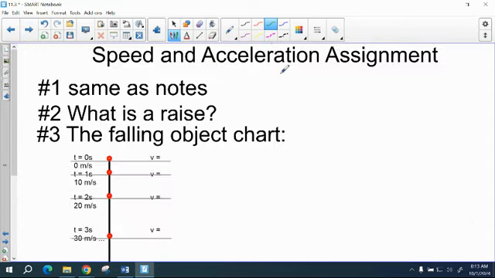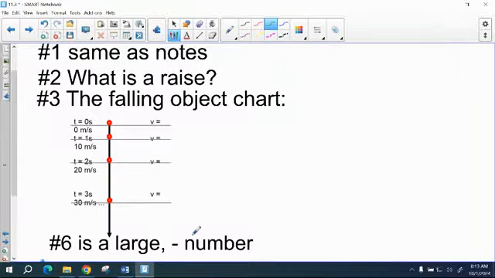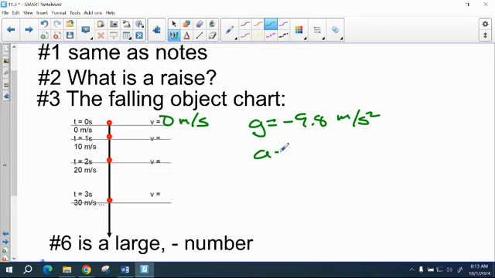All right, so if you were to guess, here we know what the acceleration is, and we're going to try to find the velocity. So the velocity here is 0 meters per second as soon as you let go of that ball. We know that the acceleration due to gravity is about 10 or 9.8 meters per second squared in the negative direction, so we'll just round that up and say the acceleration is 10 meters per second squared.